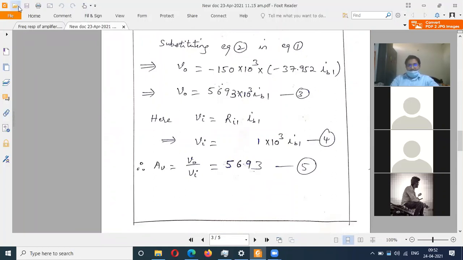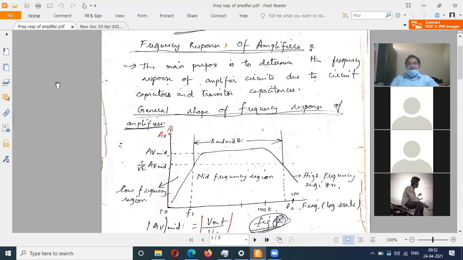That is because we analyzed the mid-frequency region, where the performance of the amplifier is constant and not changing with frequency.